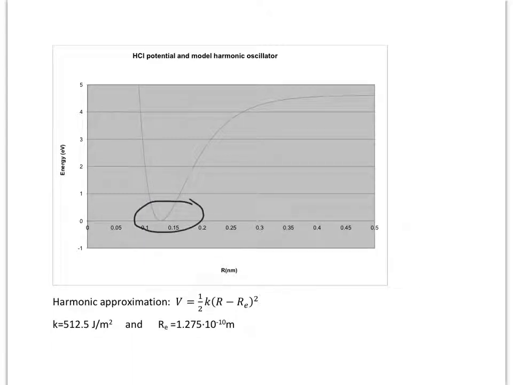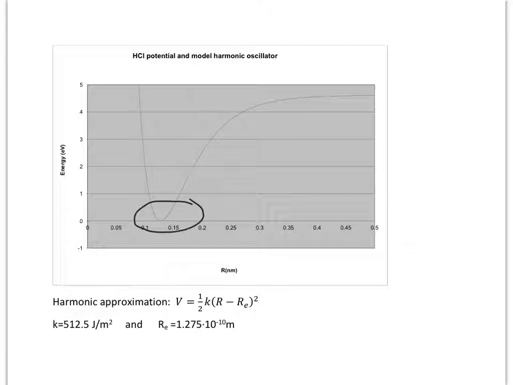And very often vibrations about the equilibrium distance are small enough so that we are in that region, the region I circled, and the harmonic oscillator can be a reasonable approximation to describing the actual vibrations.